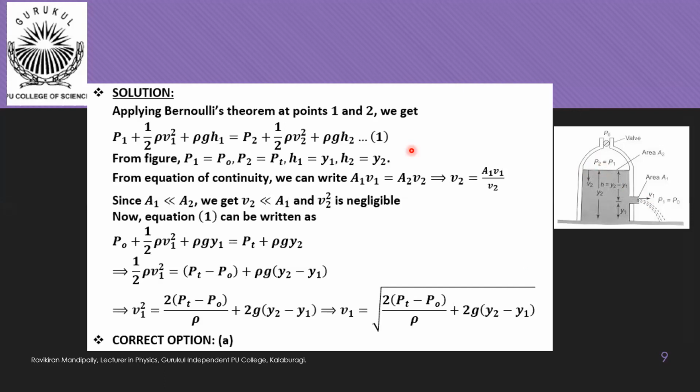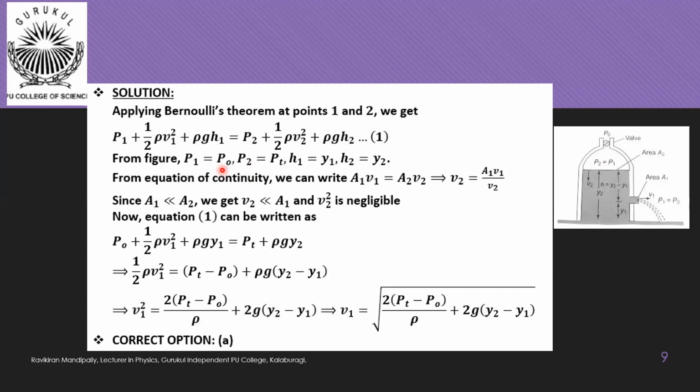According to the figure, the height of the hole is y1 and the height of the free surface is y2, so h1 is equal to y1 and h2 is equal to y2. They have given that at the free surface, the absolute pressure is Pt, so P2 is equal to Pt, and at the hole the liquid is exposed to atmosphere, so P1 would become P0.